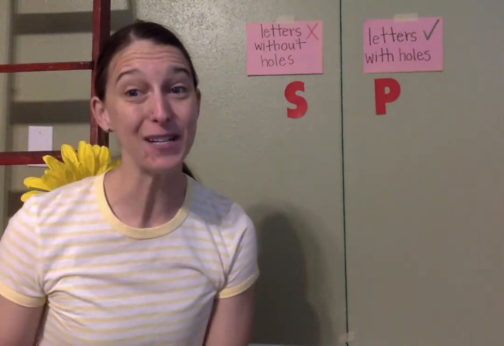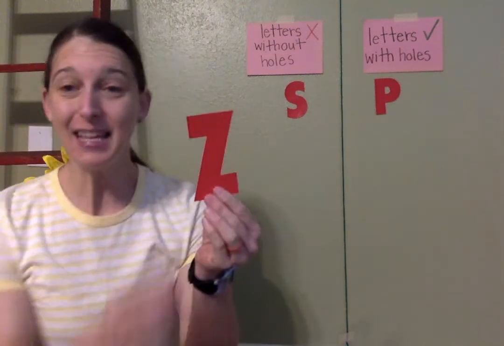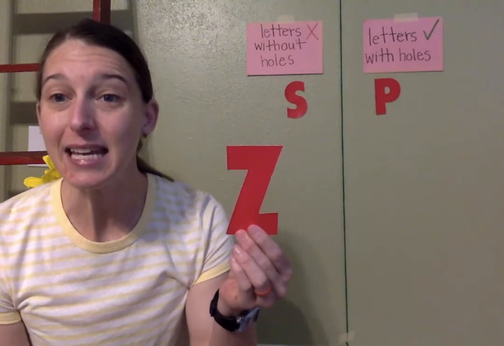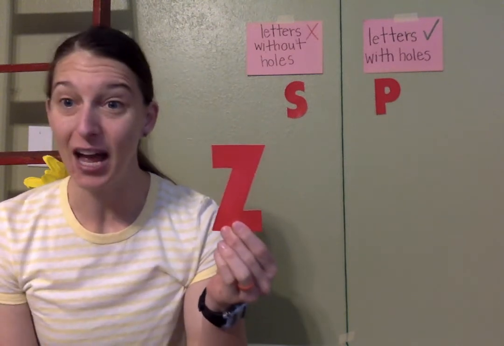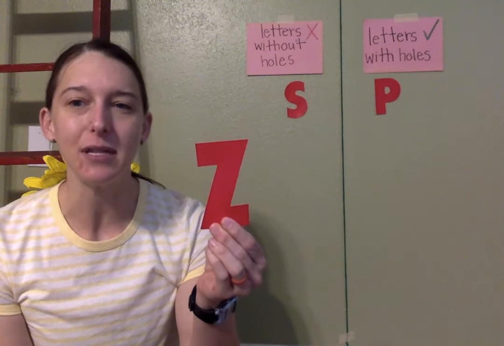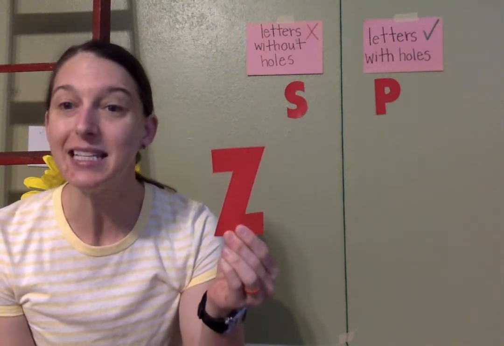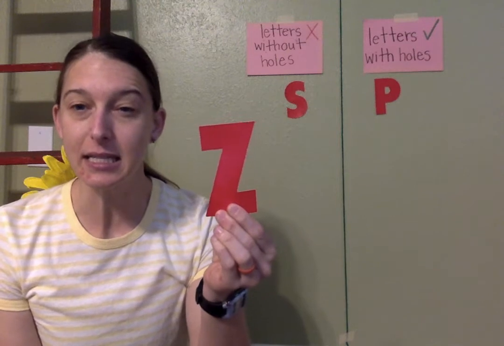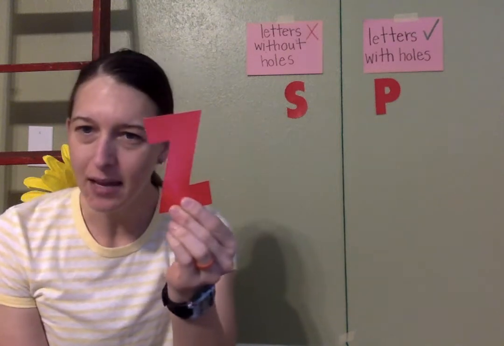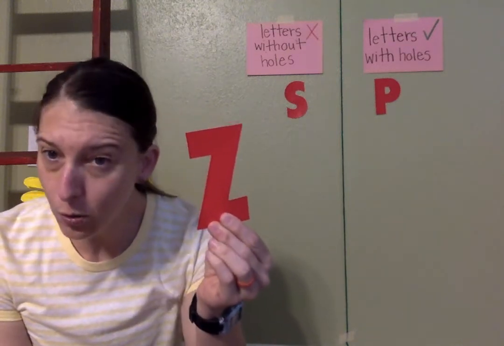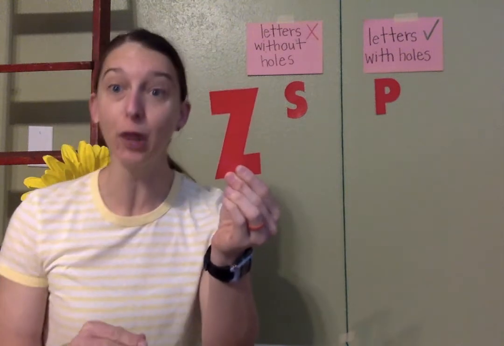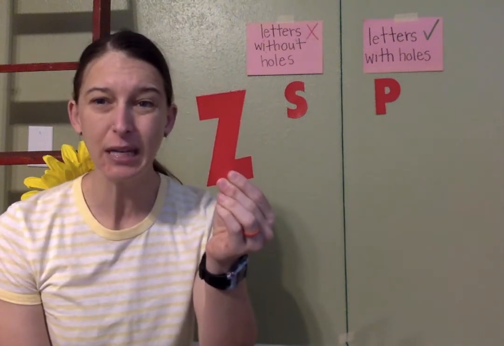Ooh, we have a friend in our class with this letter. This letter is Z. Z for Zalasia. I'm going to say the sound Z. Will you say it with me? Z says z. Now look at this Z. Do you see any holes in letter Z? Anything that you can look through or put your finger through?